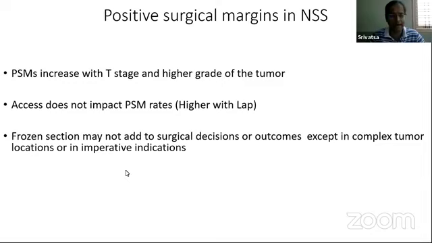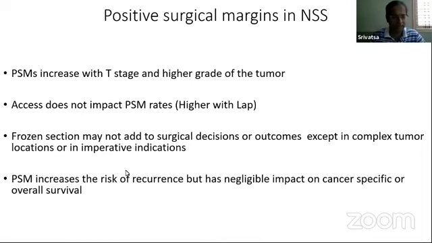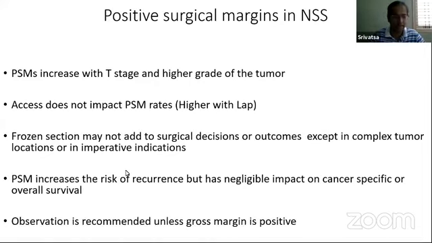Frozen section may not add to surgical decisions or outcomes except in complex tumor locations or in imperative indications. Therefore, we need not wait to get a frozen section report at all times when we are contemplating doing a partial nephrectomy. Positive surgical margin increases the risk of recurrence but has negligible impact on cancer specific or overall survival, and observation is recommended unless gross margin is positive.